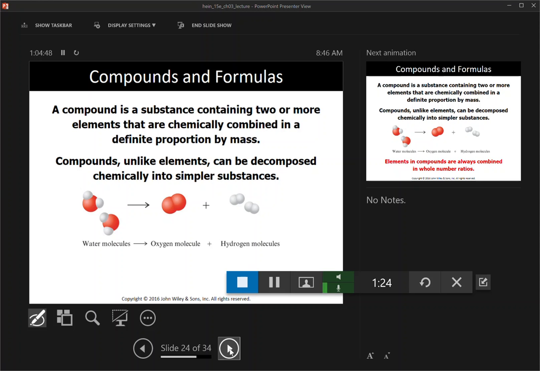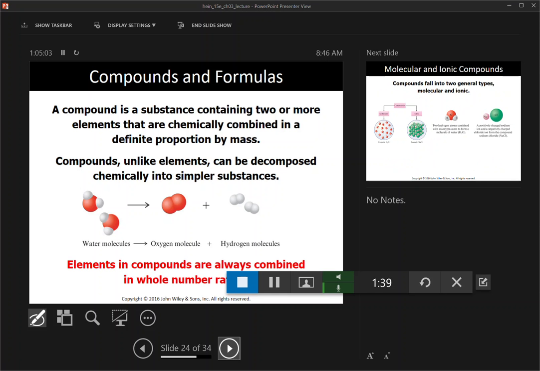You should also know that when we make compounds, there is a possibility we can actually decompose the compounds into the elements, into what they're made of. Those are called decomposition reactions. Now, one thing to keep in mind, which is very important, is that elements in compounds are always combined in a whole ratio. We cannot have fractions.